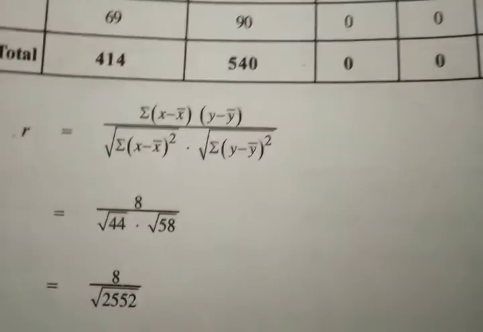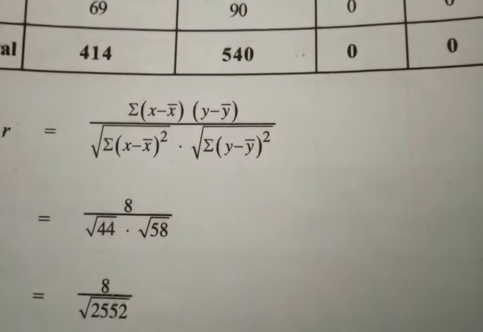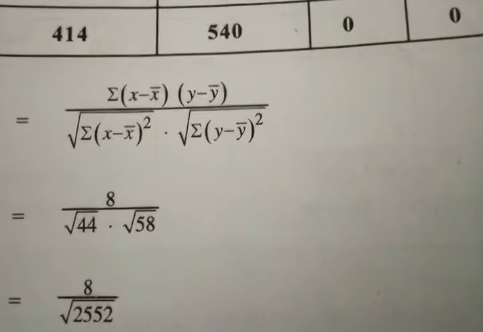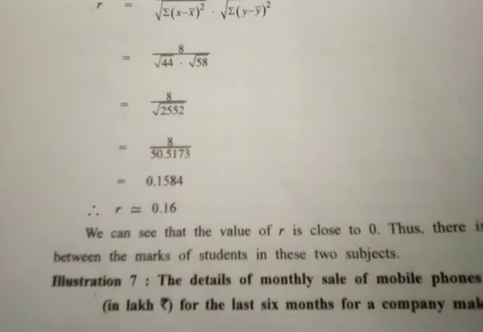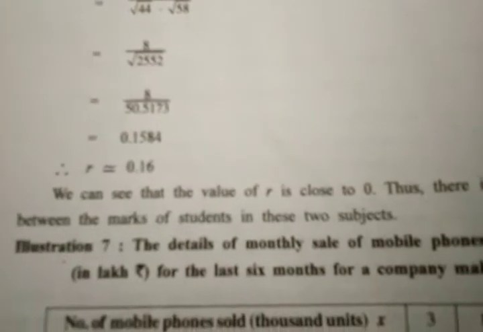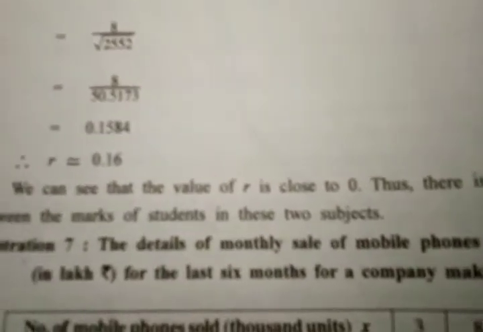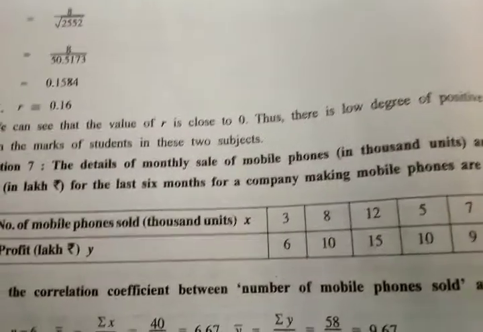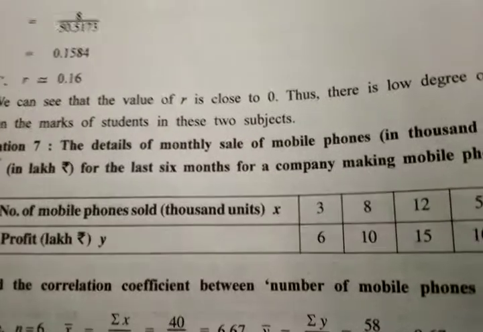Now we apply the formula: sigma x minus x bar into y minus y bar upon the square root of sigma x minus x bar the whole squared into the square root of sigma y minus y bar the whole squared. There we get r equal to 0.16, which is a value very close to 0, so there is a low degree of correlation. There is a low degree of positive correlation between the two given variables.